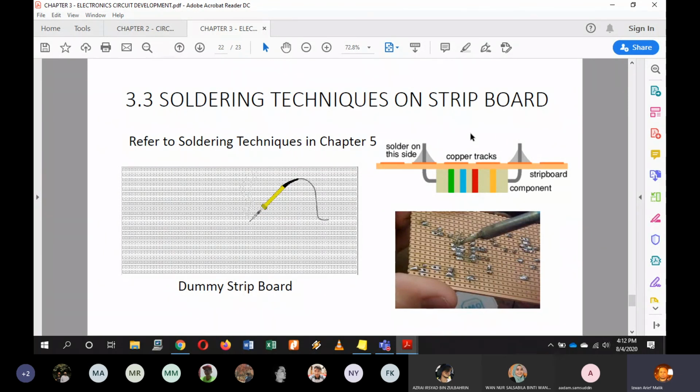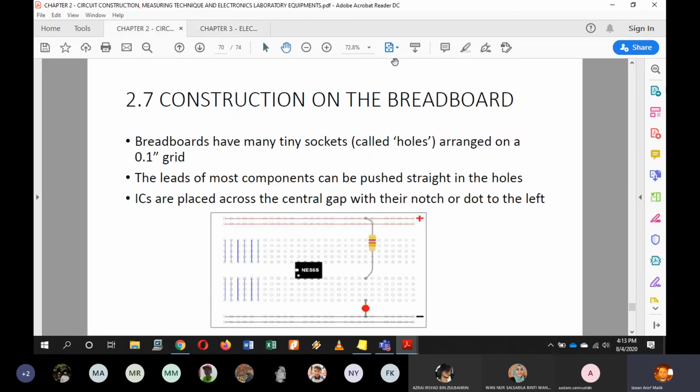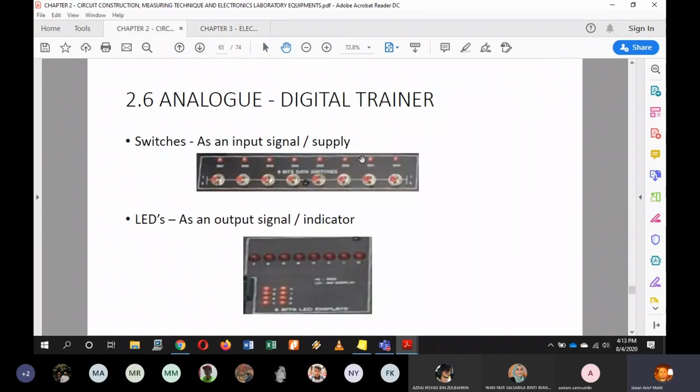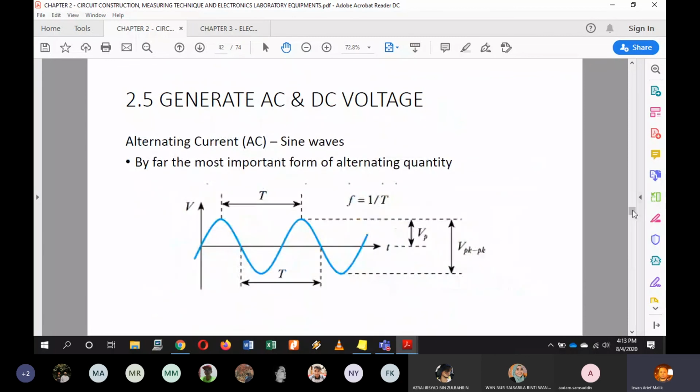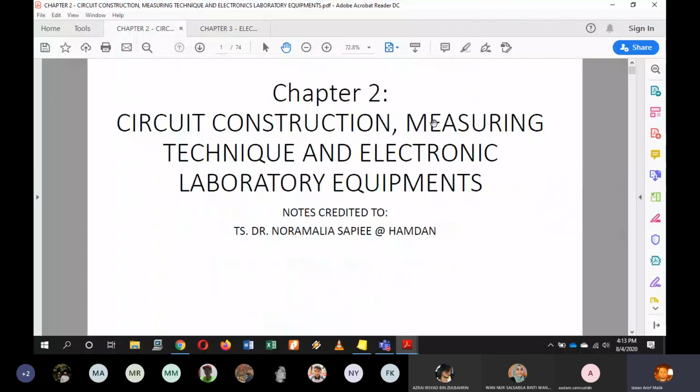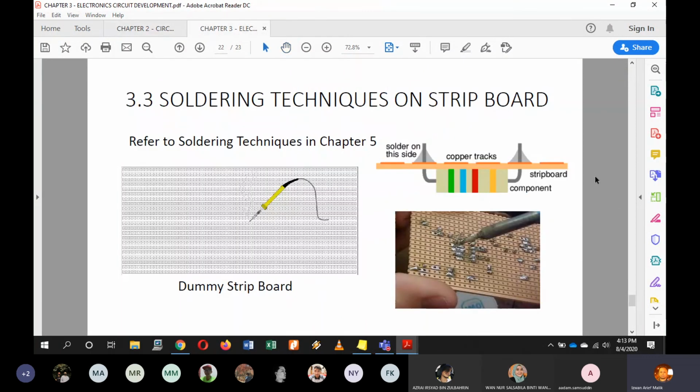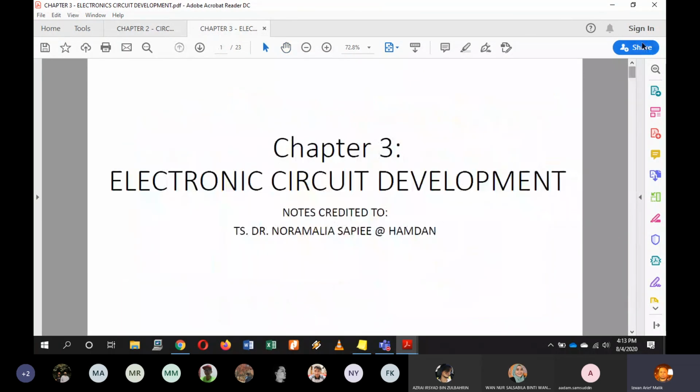Kita baru dekat chapter 4. Okay, so that's it for today. I think that is the topics that I want to discuss with you, to complete chapter 2 on our circuit construction, measuring technique and electronic laboratory equipment, as well as chapter 3, which is the electronic circuit development by using strip board lah.